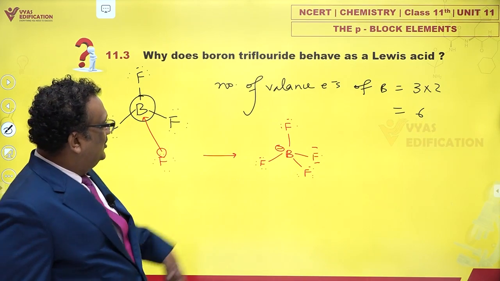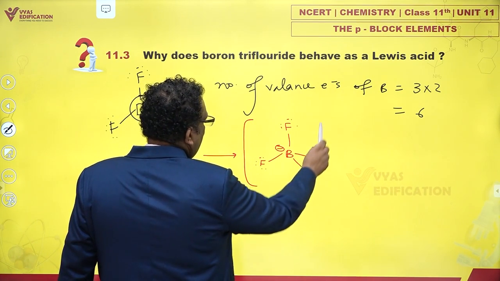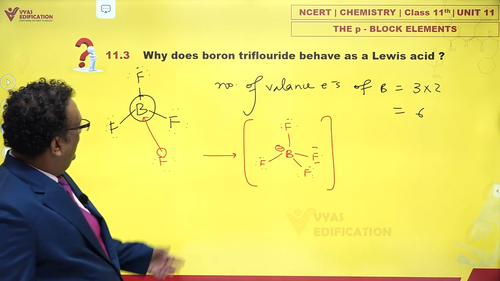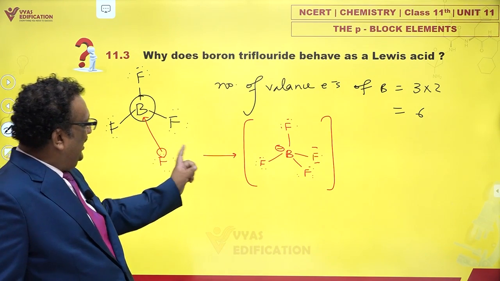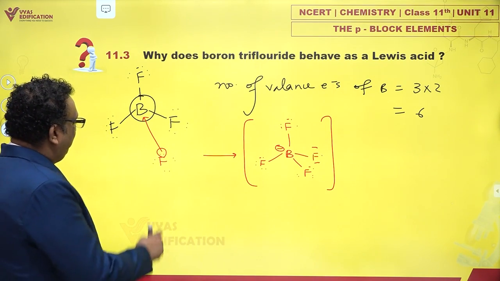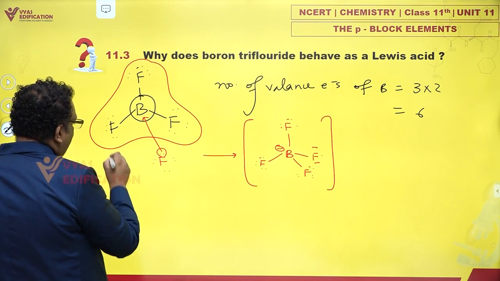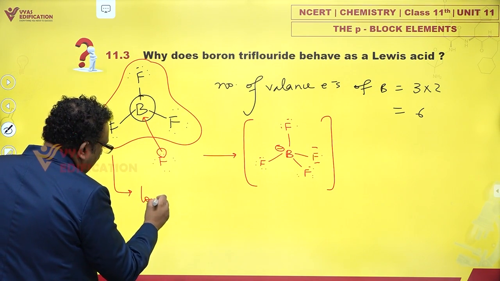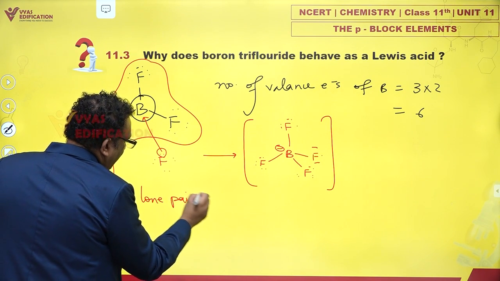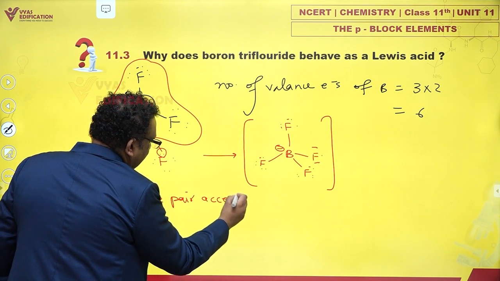What is this? Once you get BF4 minus, yes, my dear, this is what we say. And in this case, F minus is lone pair donor and BF3 is a lone pair acceptor.